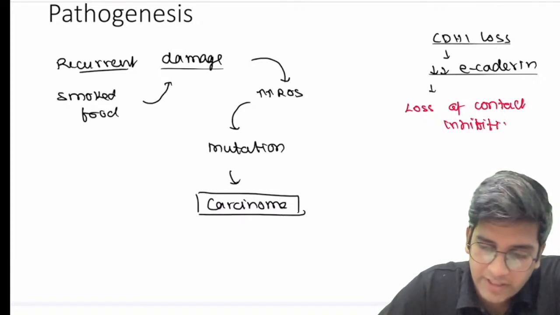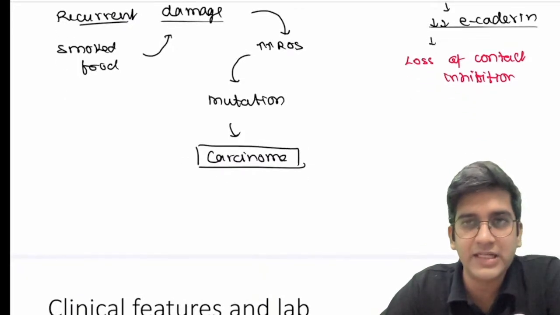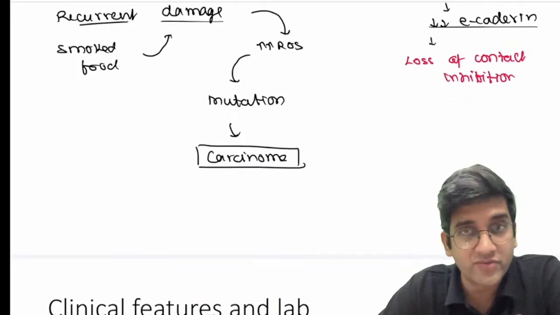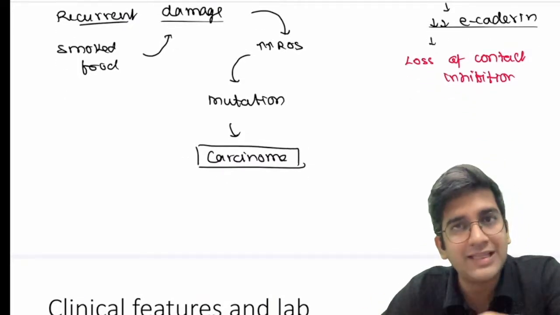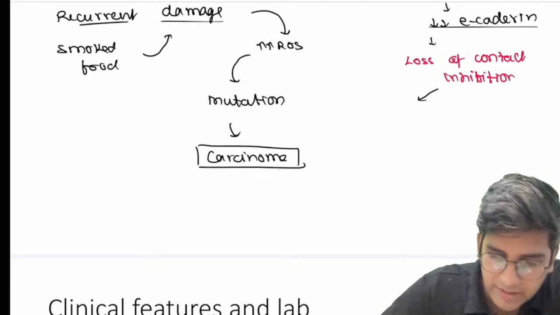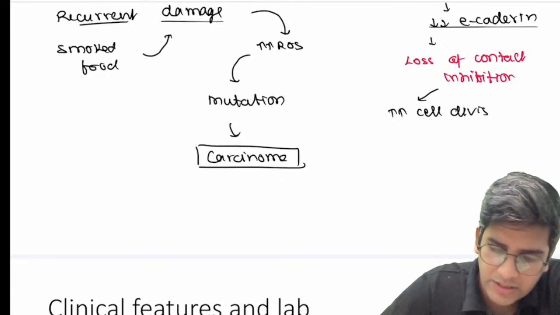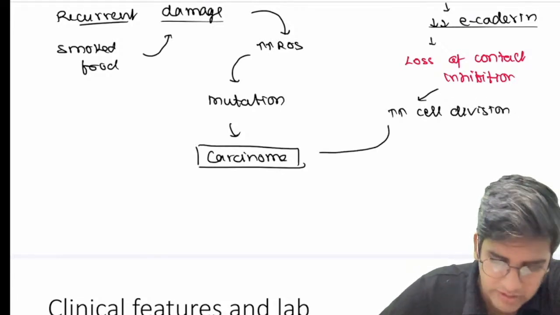So there's a loss of contact inhibition, which is obviously going to increase the growth of the cells or increase the cell division. That causes the cancer. Loss of contact inhibition is the reason for carcinoma, and the spread is a different thing, fine? Okay, so here this will increase the cell division. When there's increased cell division, by default it will also result in carcinoma.